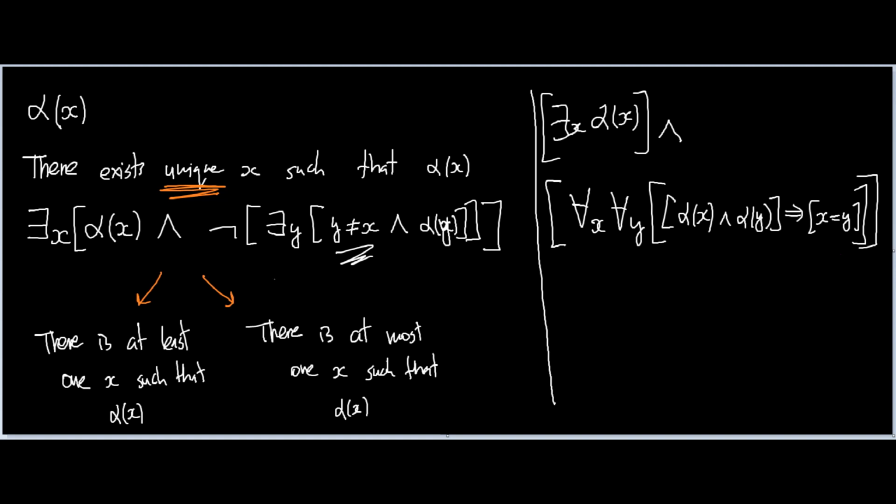The first one had just one quantifier at front, and then a long formula inside it. In the second one, we split up the sentence into two parts, where each part has its own independent meaning, namely the part that says that there is at least one x, and the part that says there is at most one x.